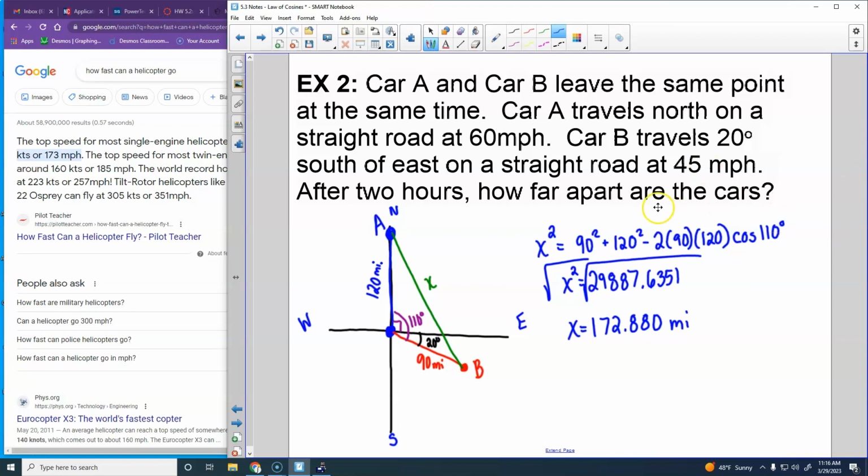Because what's going to happen is this value is going to be changing, so we would do something called a derivative that you don't know about that would tell us the way those rates are changing, and if you knew how fast the helicopter could fly, you could figure out when he could catch that. But we couldn't do that with pre-calculus math because you'd have multiple variables changing in that case.